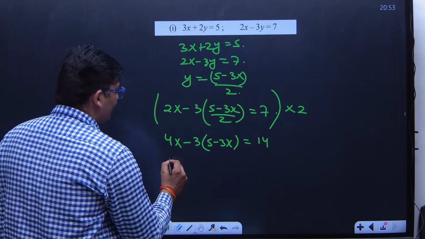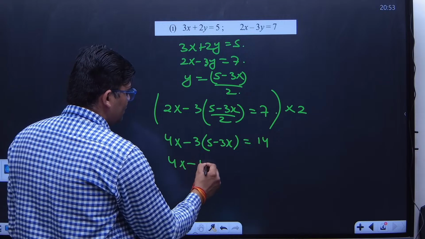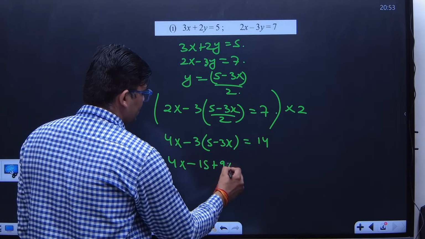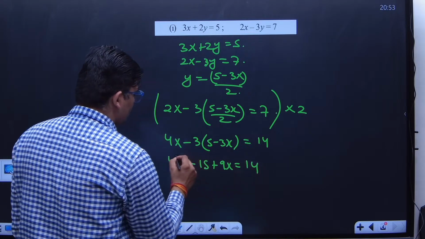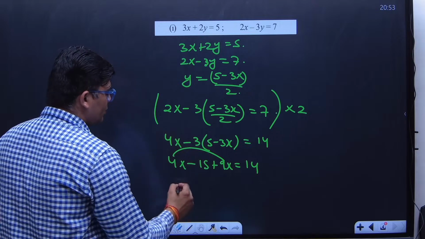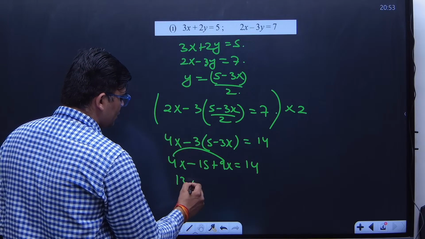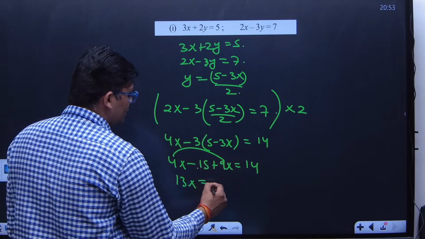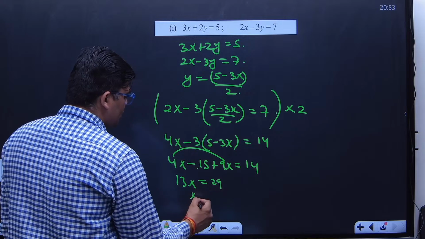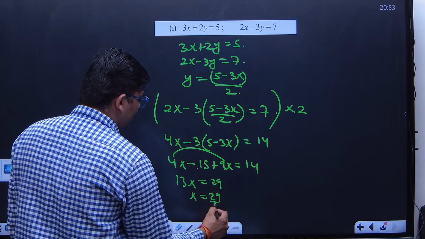Then we will have 4x minus 15 plus 9x is equal to 14. 4x plus 9x is how much? 13x, and minus 15 will go on the other side, so it will become 29. So x is going to be 29 by 13.